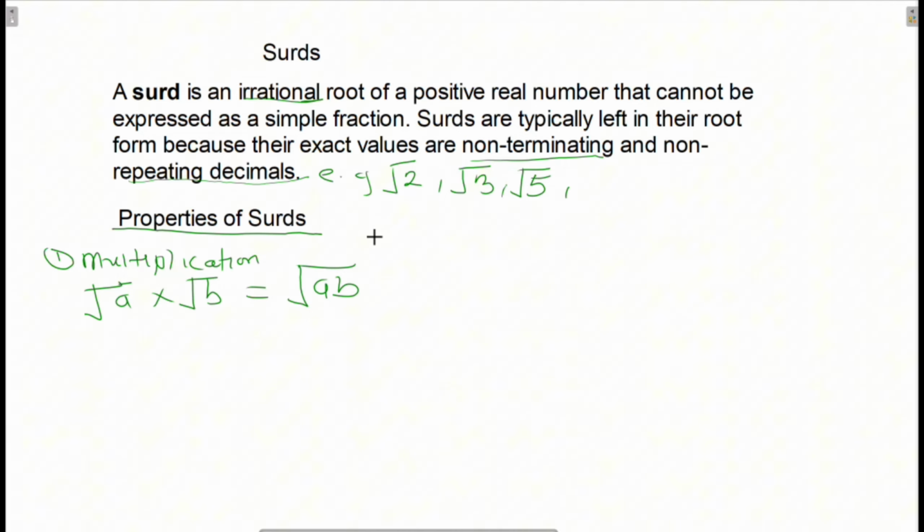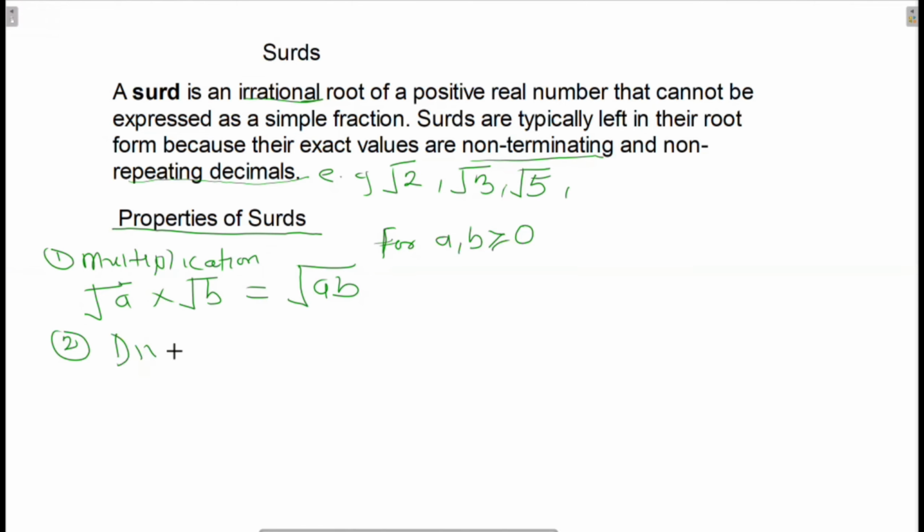You need to know that for doing this, A, B must be greater than or equal to 0. So when you see root A multiplying root B, the result is root AB.